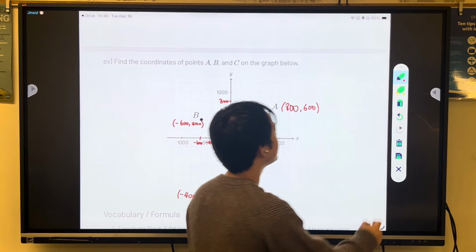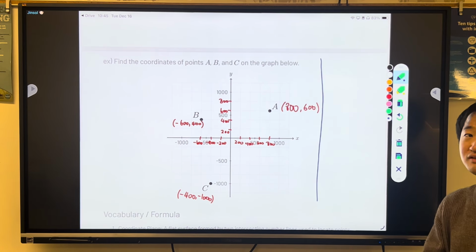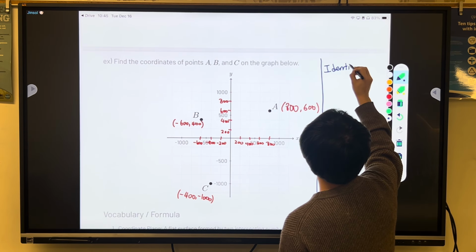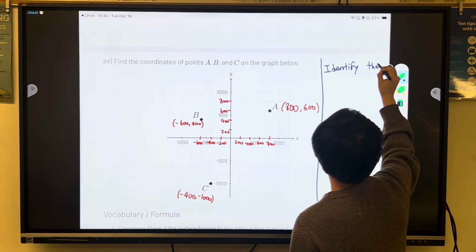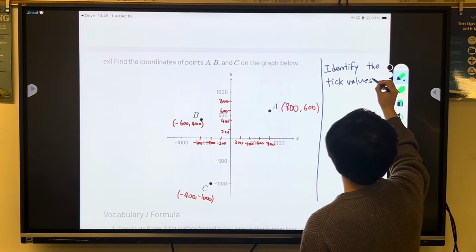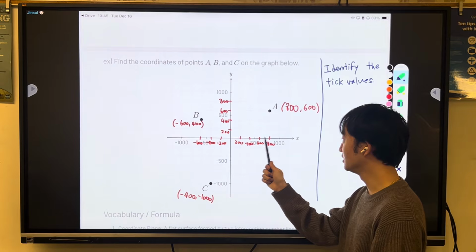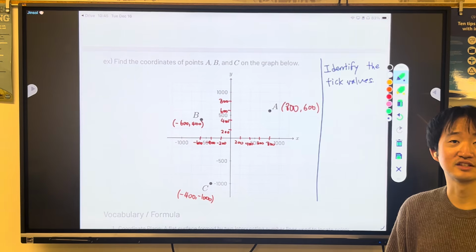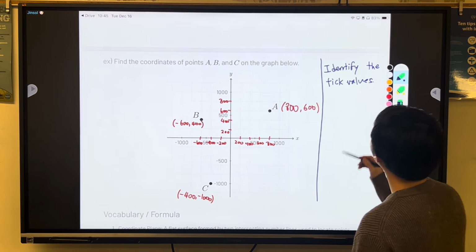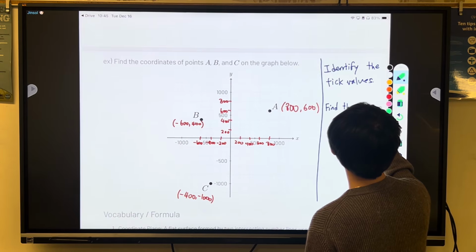So let's annotate the process here. I think the first thing that we did in this problem is to identify the tick values. So in this case, each tick was 200. And I know that because it's on the graph, it's written that 5 ticks are 1000. So that means 1 tick is 200. And then find the x coordinates.